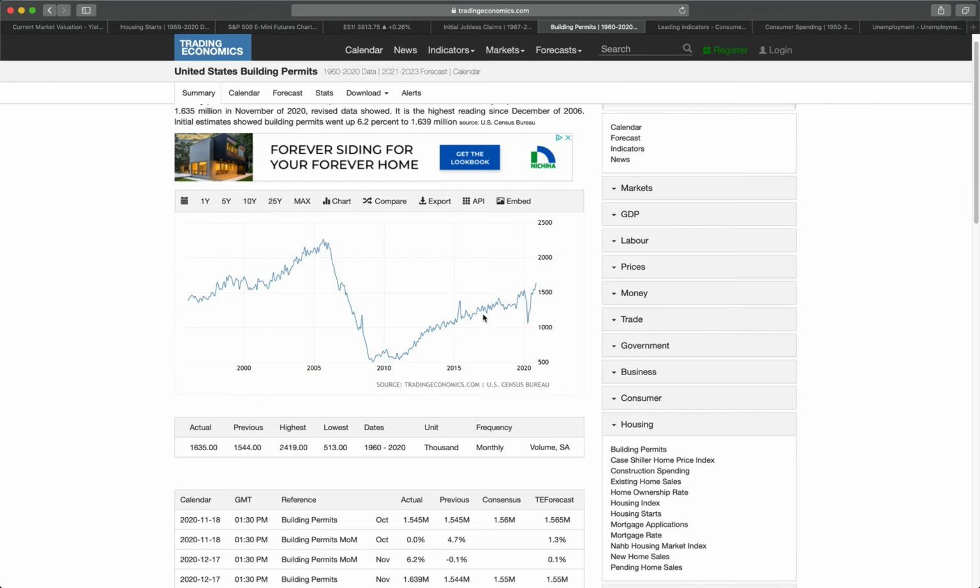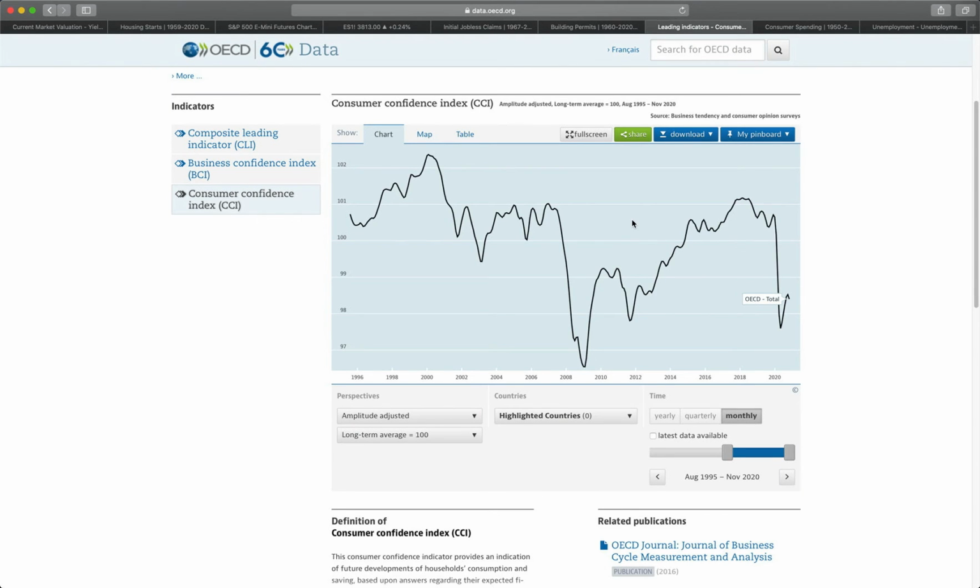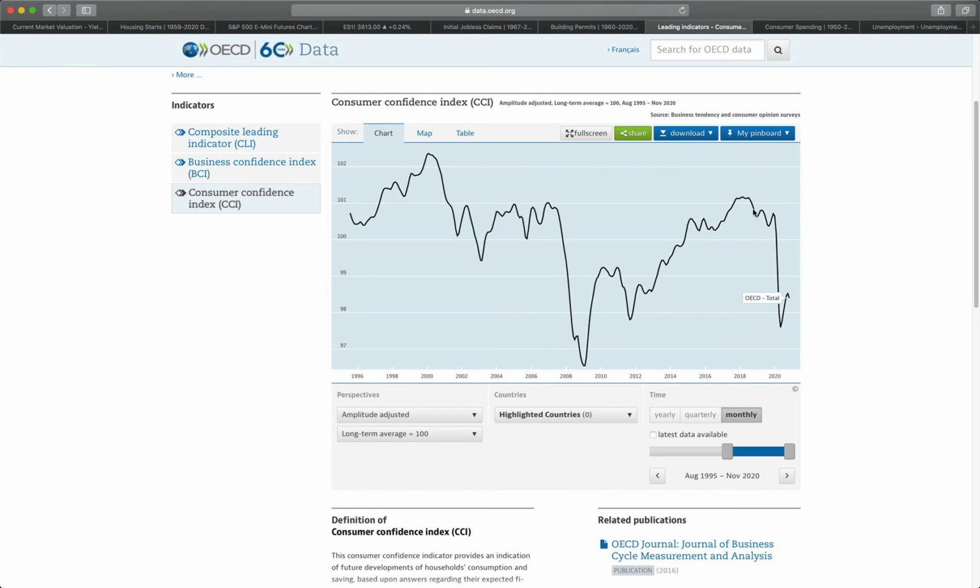Building permits, again, you're going to see this for all the charts. Basically it's been going up, except for when March of 2020 hit. It's basically all the charts show that it's gone down, but then it's been going up since then. Here we see the consumer confidence index.